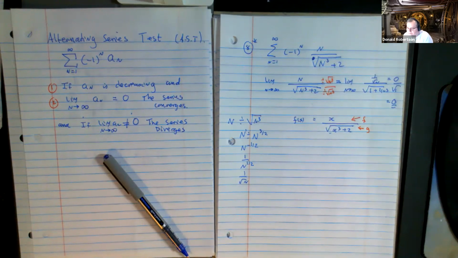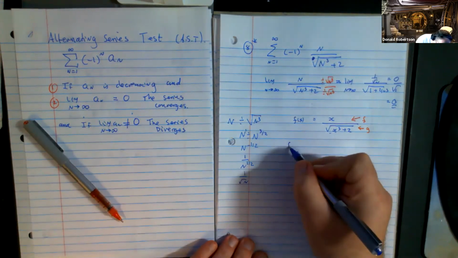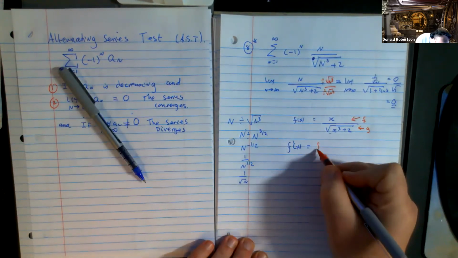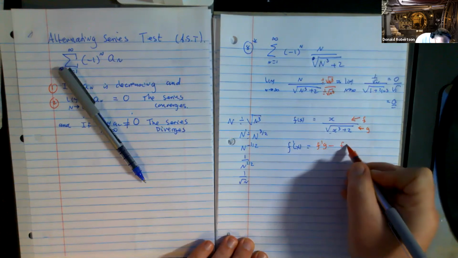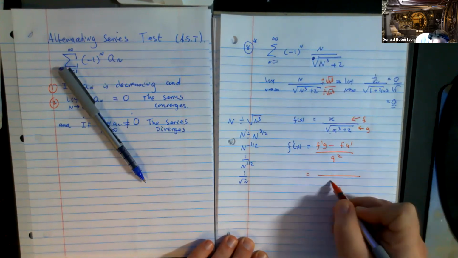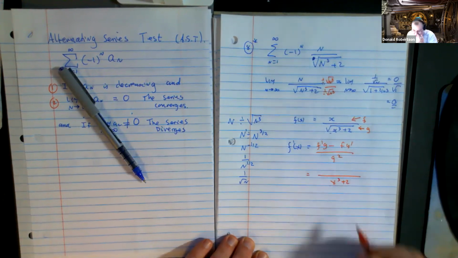Isn't it going to be a quotient rule? So it's going to be f dash g take away f g dashed over g squared. The g squared is the only decent thing about it.